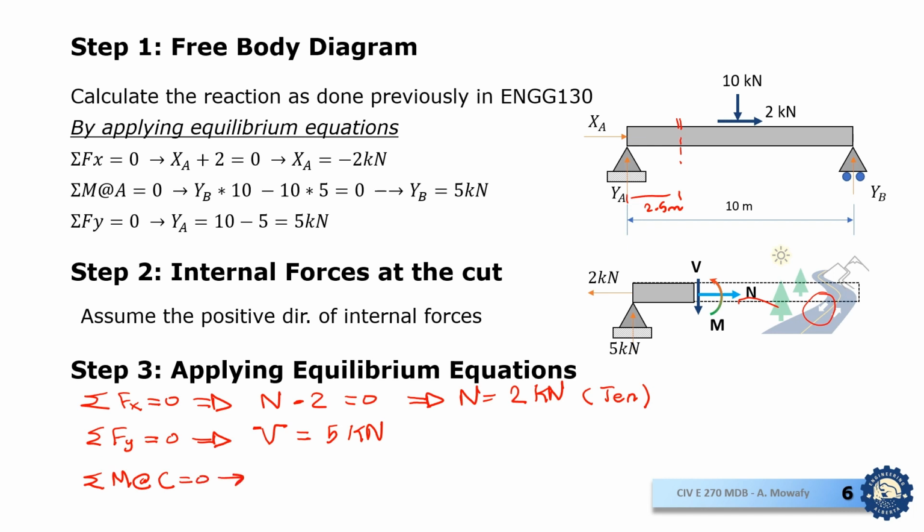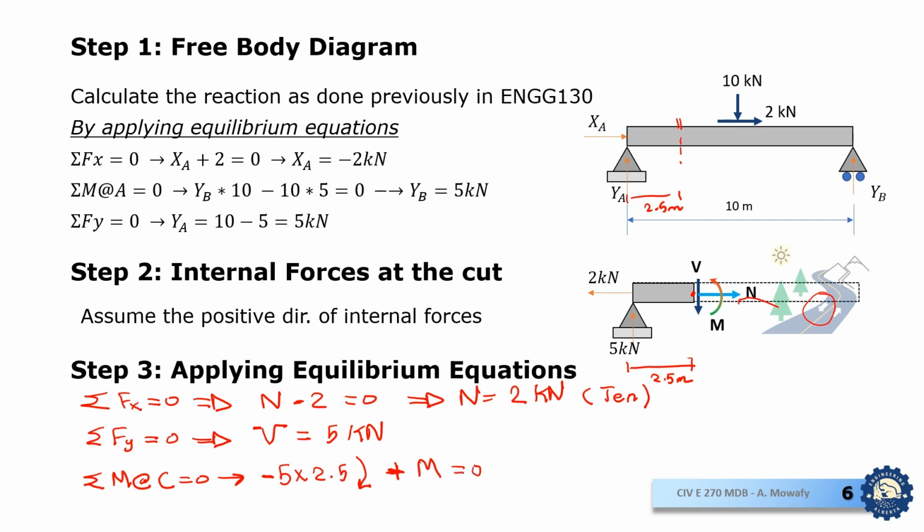And for the moment, we can take moments at point C. So at point C, we know the 5 kilonewton force creates a moment, so we need to multiply this 5 kilonewton by 2.5 meters. And this 5 kilonewton causes a rotation in clockwise direction, so we will get a negative. Then we add the moment itself, which acts in anti-clockwise direction, so it will be a positive moment.